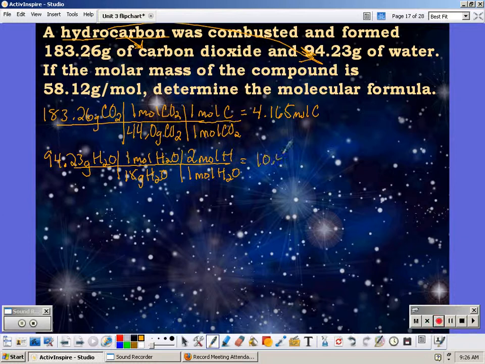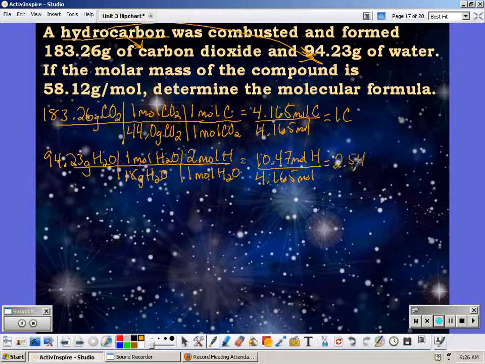And then we're going to divide by the smallest. So that gives us 1 carbon and 2.5 hydrogens. Watch out for that 0.5. We'll have to multiply both by 2 to get rid of the 0.5. So we have C2H5 as our empirical formula.